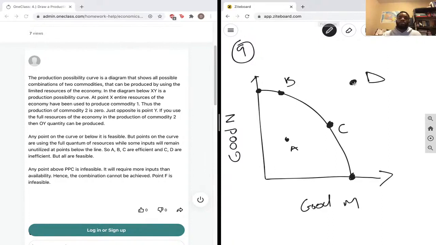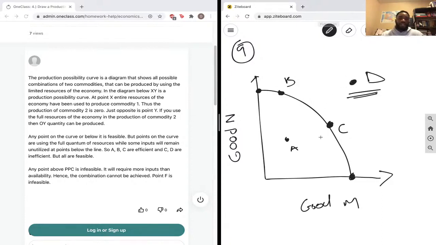So because we can't do that, production D over here is not feasible because we don't have enough resources available to us to produce this specific combination of both goods. All the resources we have, once we use them efficiently, it would only produce a point on this curve over here. Once it goes outside, then we don't have enough resources to produce this combination over here.